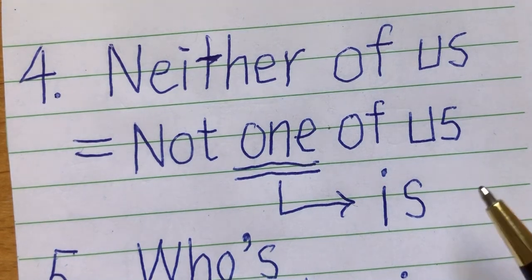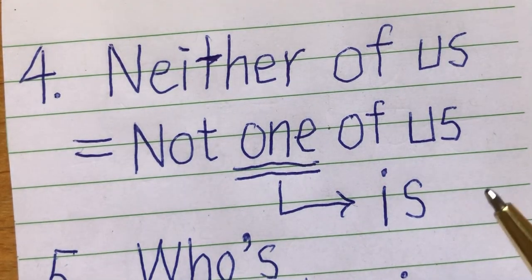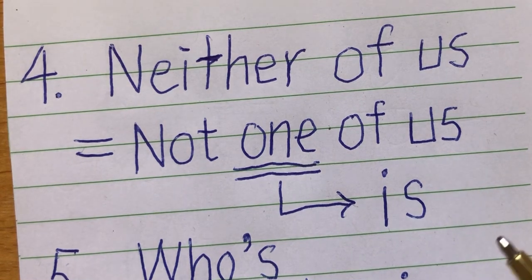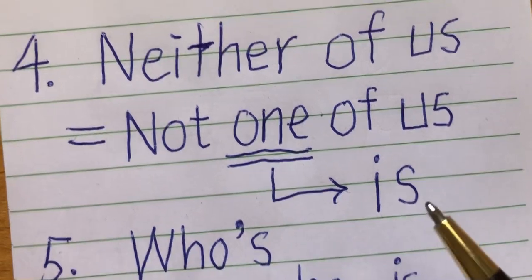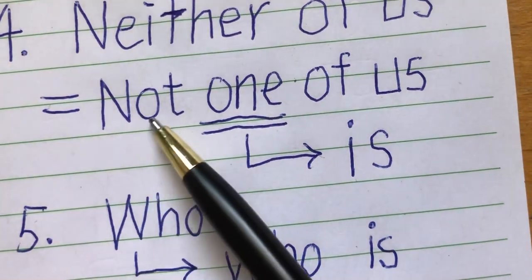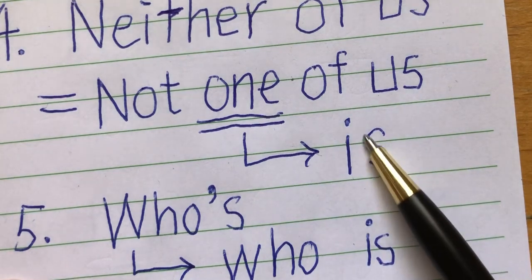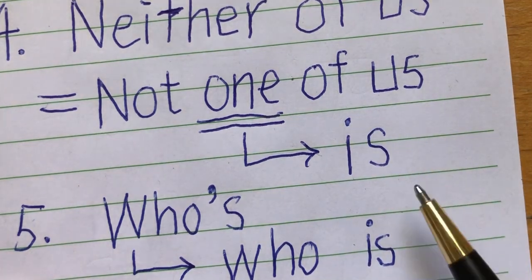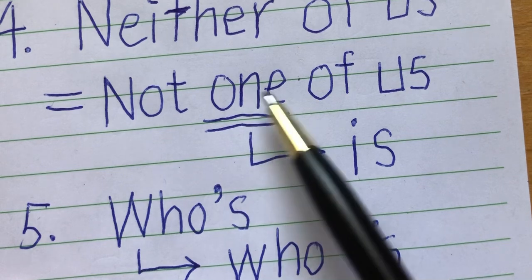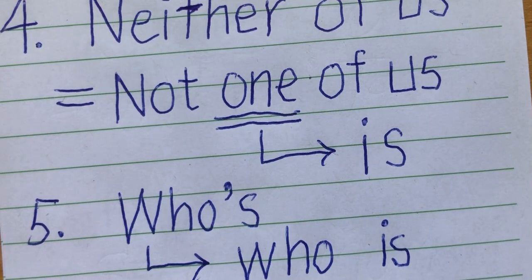No one among us. So suppose us represents 5 people. Among the 5 people, no one is more clever, is intelligent enough. Because you are talking about no one, so you use is. You do not use are, okay? It's just one of us, so it is.